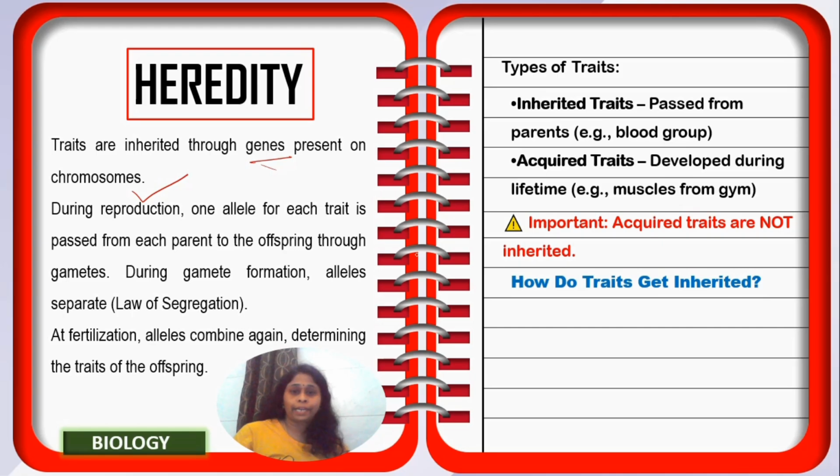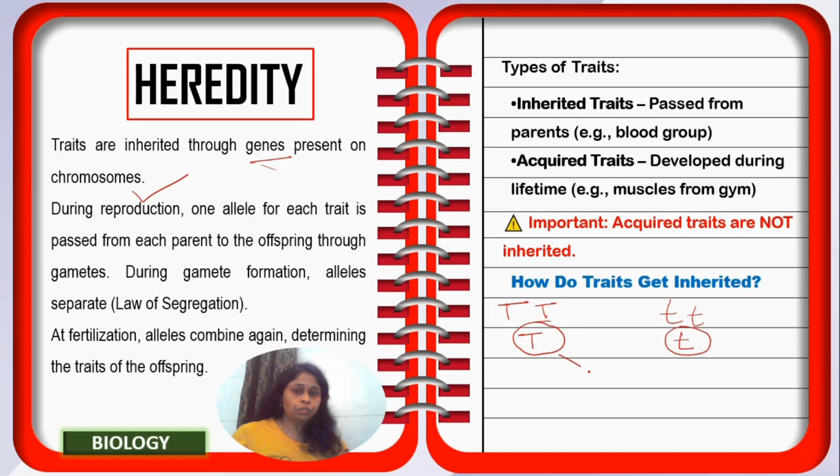In plants we can see tall and dwarf plants. Capital T and capital T is assumed as a tall plant, whereas small t is a dwarf plant. The gamete formed here is capital T for the tall plant, and for the dwarf plant it is small t.